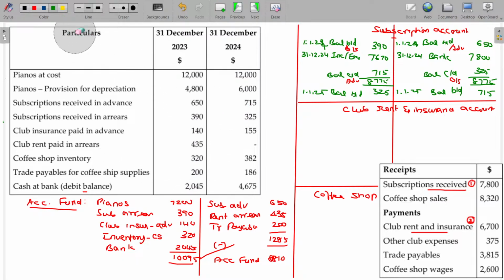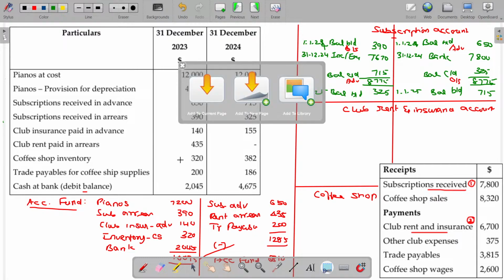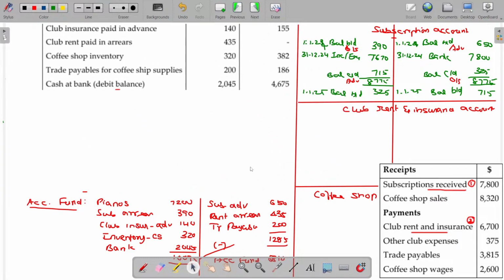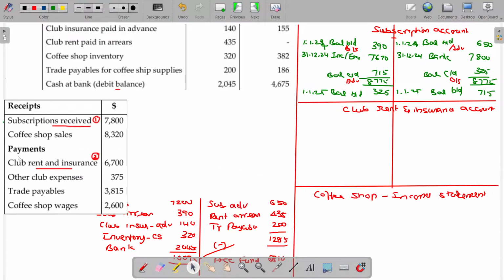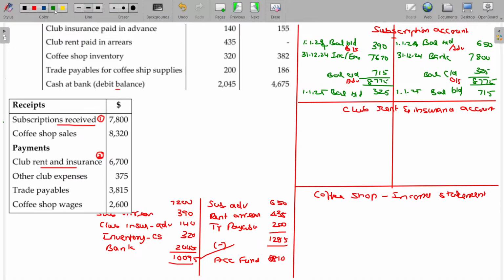So now we have to incorporate only a few more items. I don't want any other things other than this. I remove this. Then we have to prepare the club rent and insurance account. So club insurance paid in advance in the year beginning, advance being expenses paid in advance, being the asset.